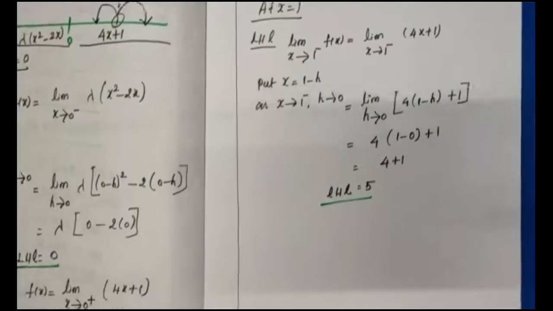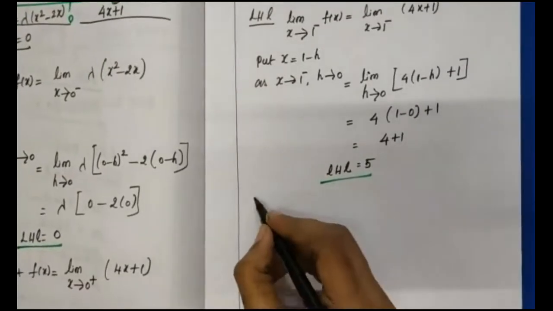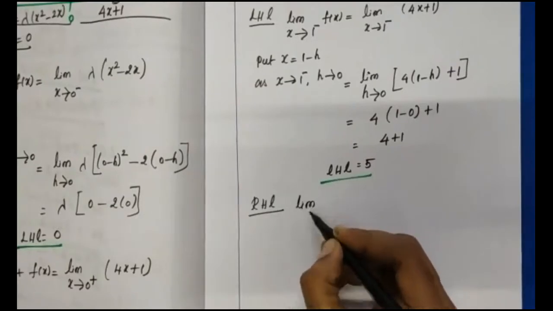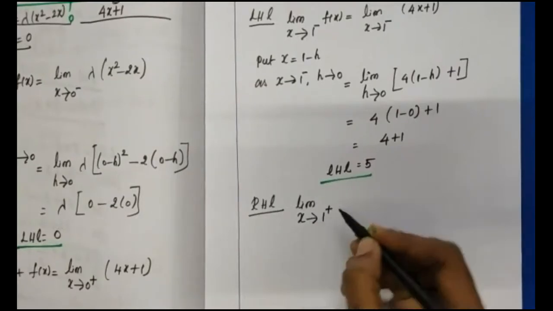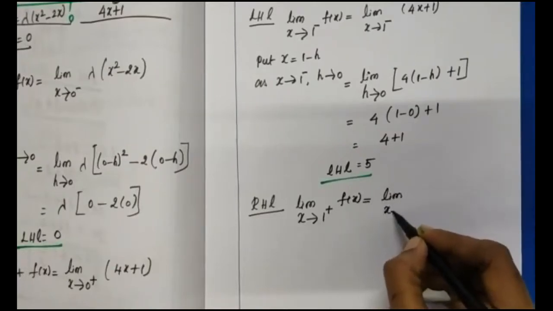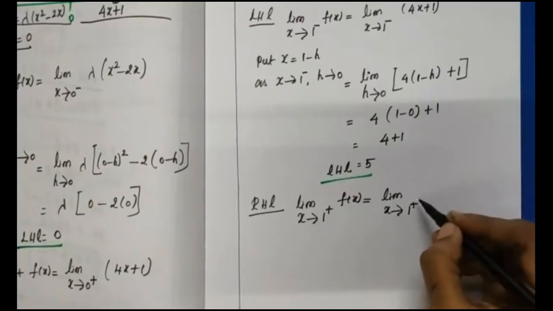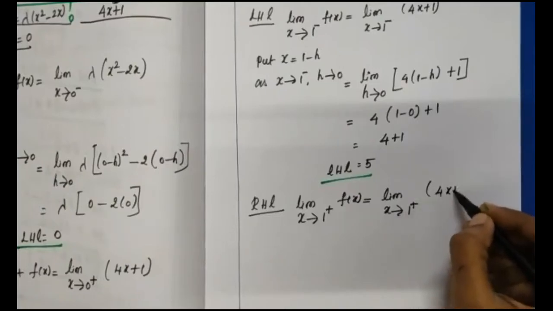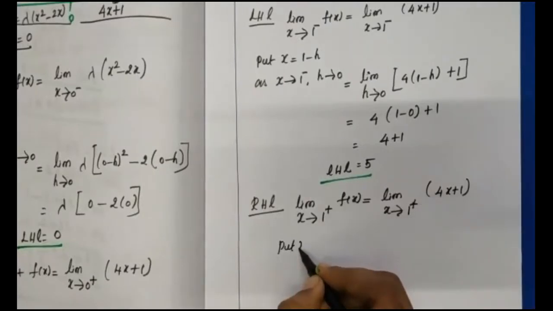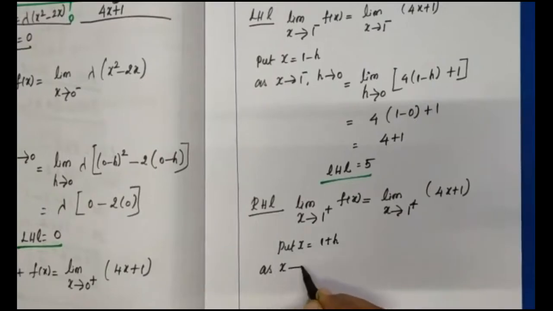Now the right hand limit. Limit x tends to 1 plus f of x is equal to limit x tends to 1 plus, where f of x is also 4x plus 1. Put x is equal to 1 plus h, as x tends to 1 plus, h tends to 0.